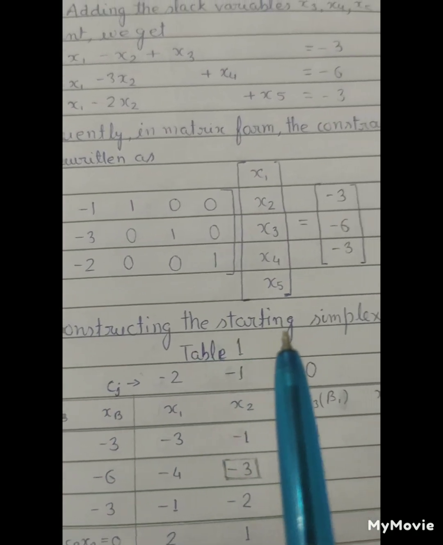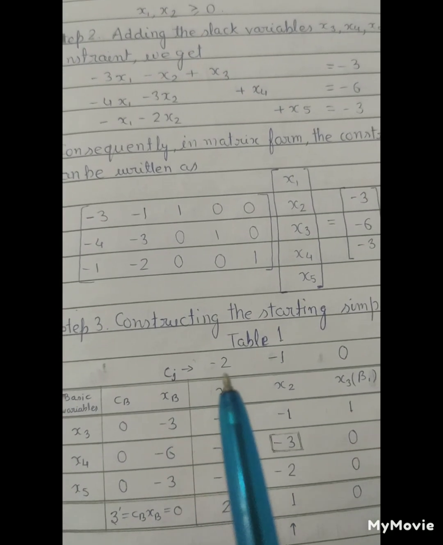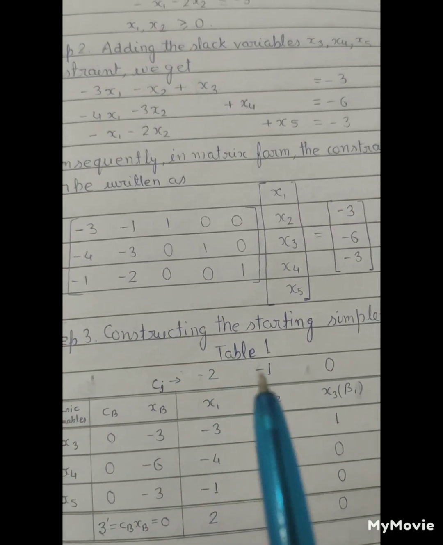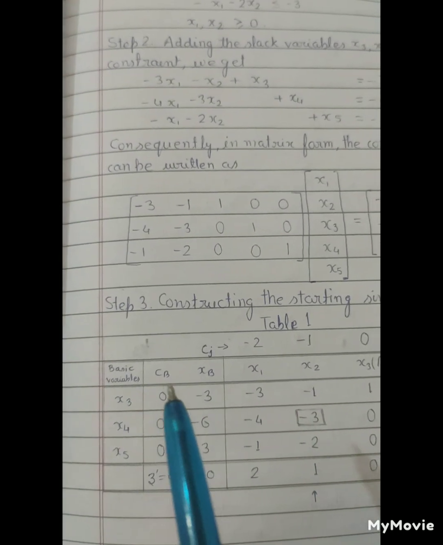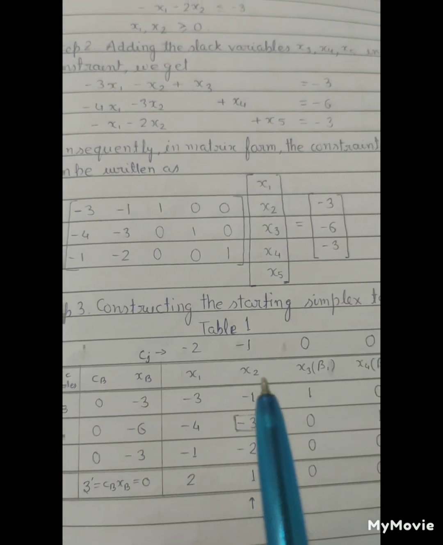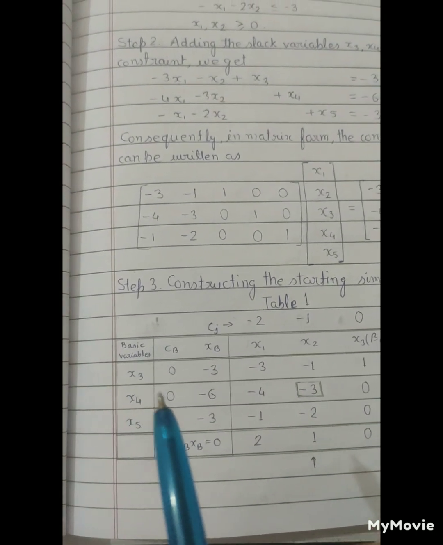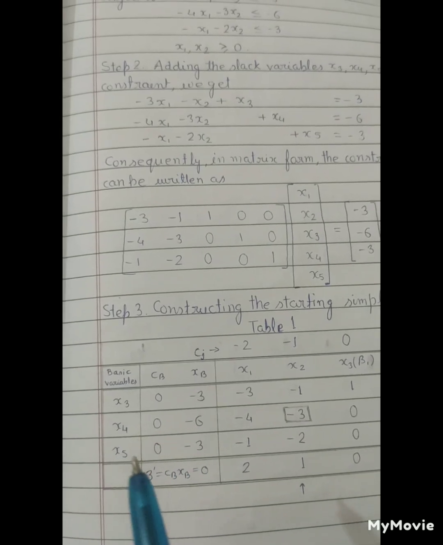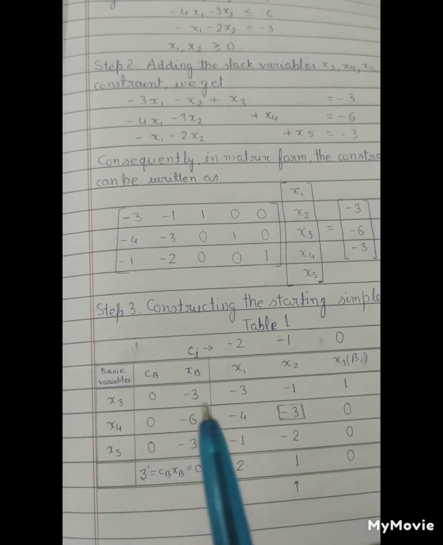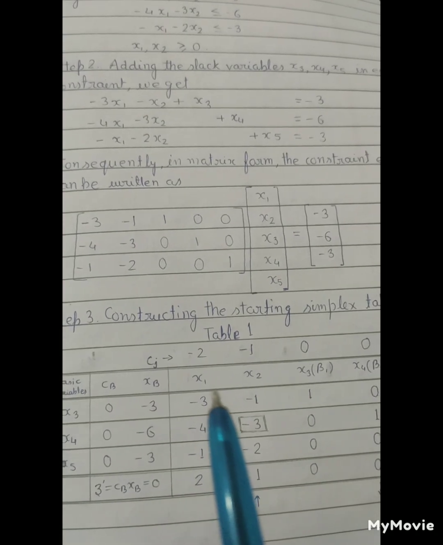Step 3. Constructing the starting simplex table. Table 1. Cj: minus 2, minus 1, 0, 0, 0. Basic variables x3 (beta 1), x4 (beta 2) and x5 (beta 3), with cb 0, 0, 0 and xb minus 3, minus 6 and minus 3.